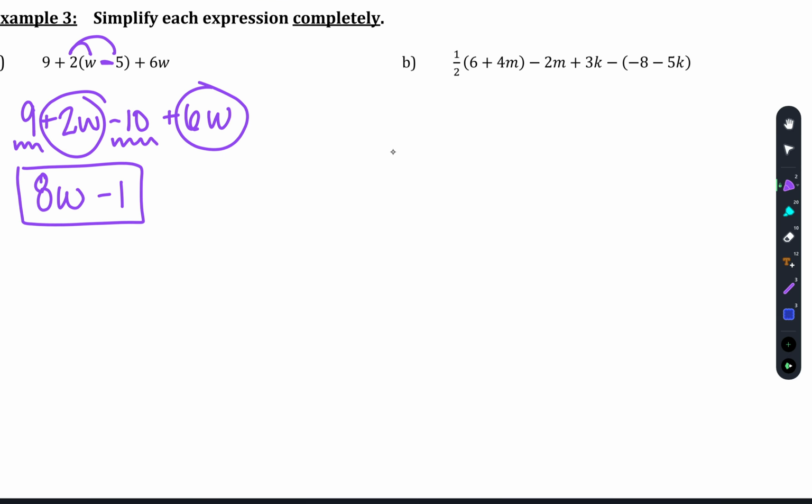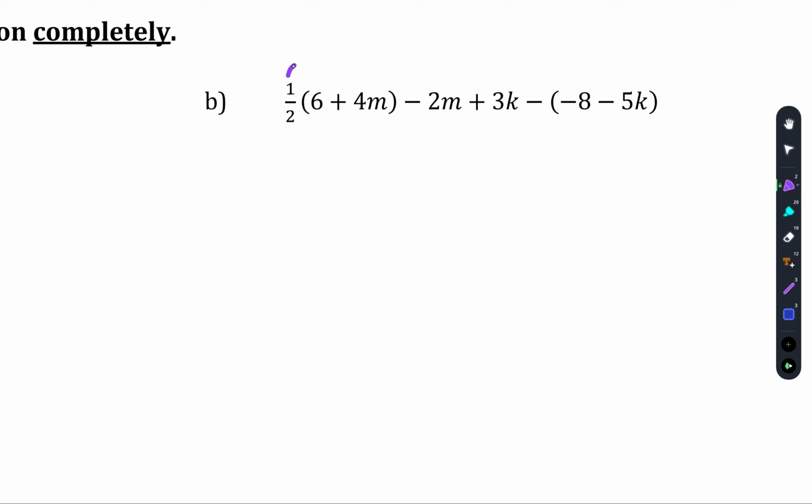Last one. I got multiple things here that I am distributing. So let's take care of those first. 1/2 times 6. Remember one of our multiplication words was of? This is a circumstance where I like to think of multiplication as of. What is 1/2 of 6? 3. What is 1/2 of 4m? Perfect.